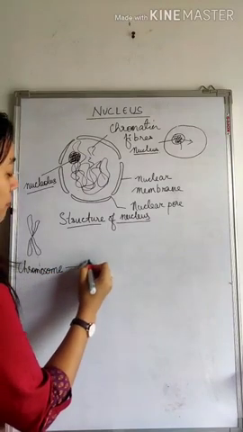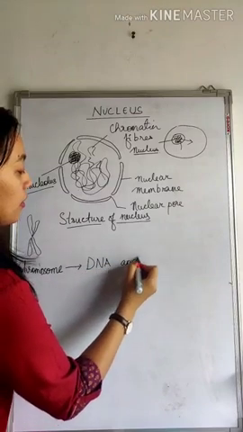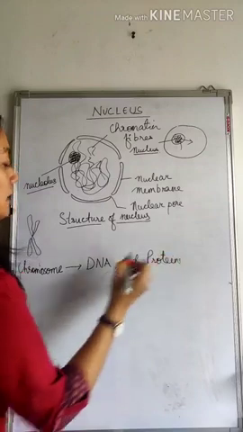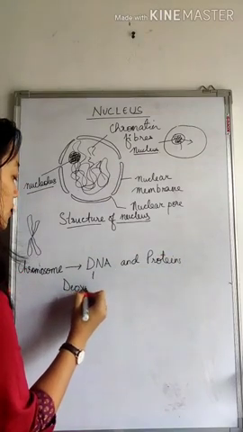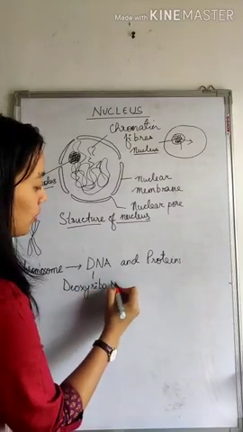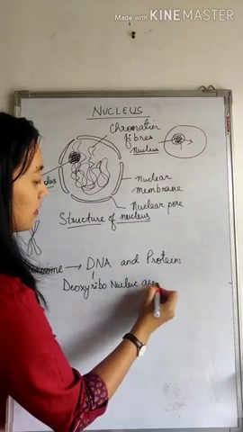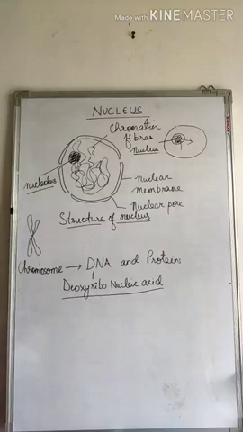Chromosome is made up of DNA and protein. Okay, DNA is, you already know I guess, deoxyribonucleic acid, right? So how do they carry it?